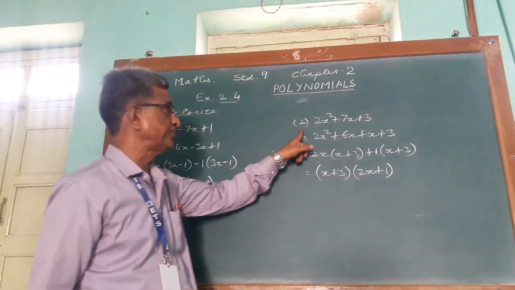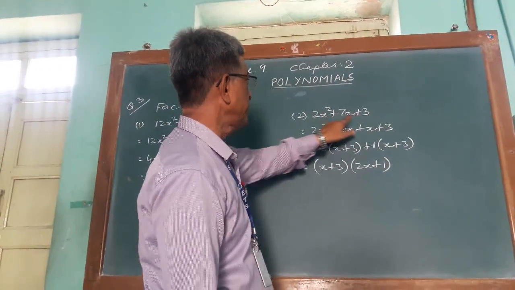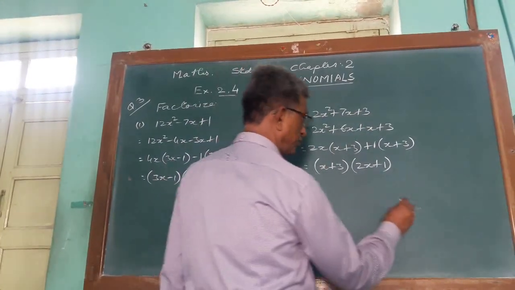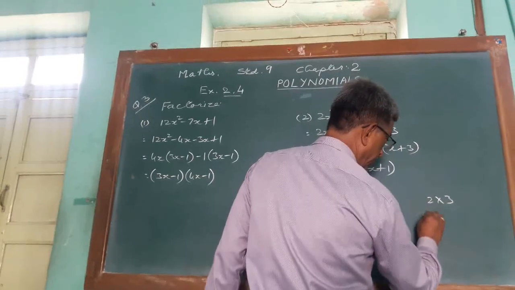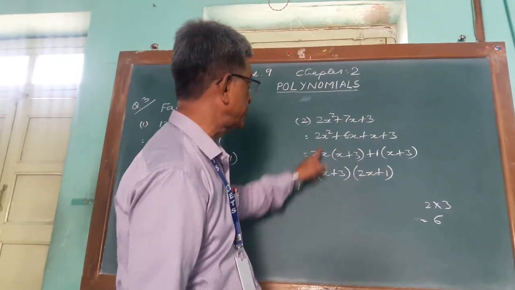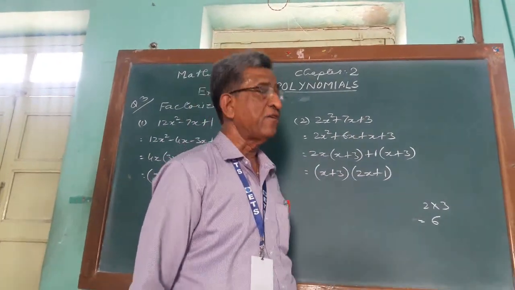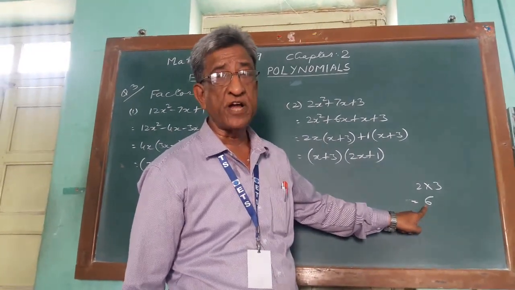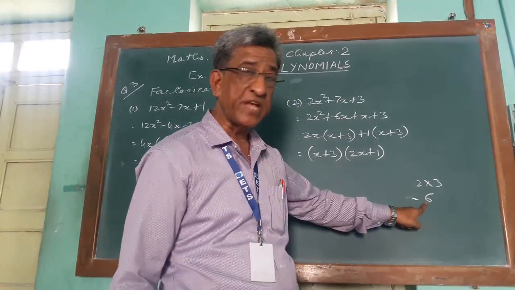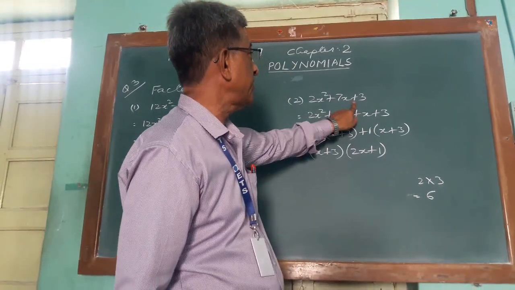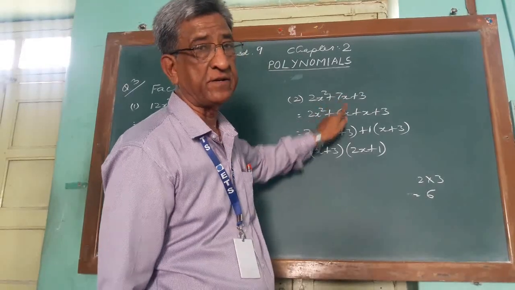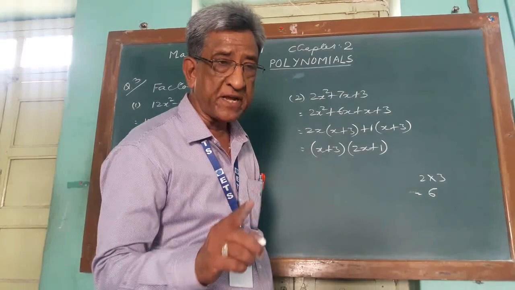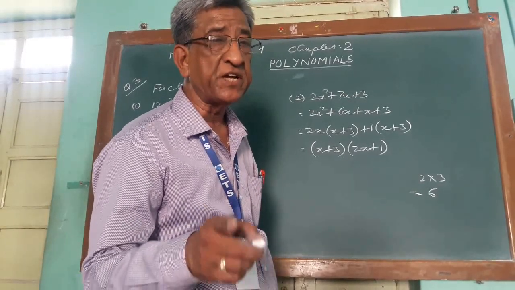Now question 2. Here you have to see the coefficients 2 and 3. So 2 into 3 equal to 6. Now find the factors of 6 in such a way that product is 6 and addition is 7.